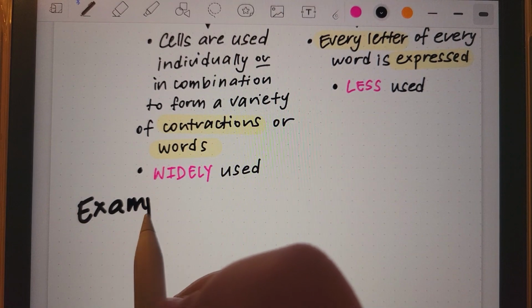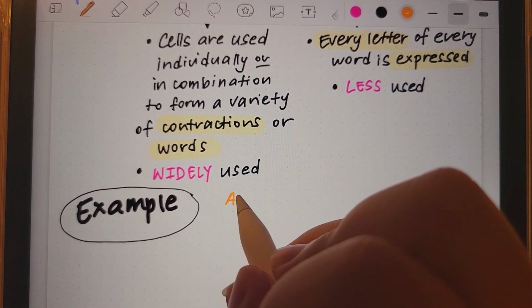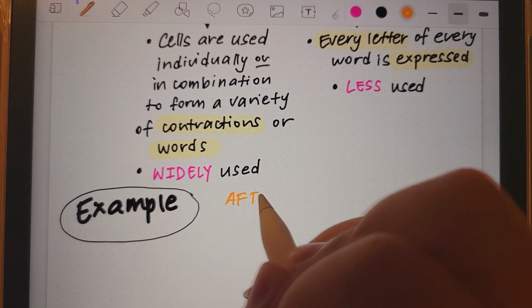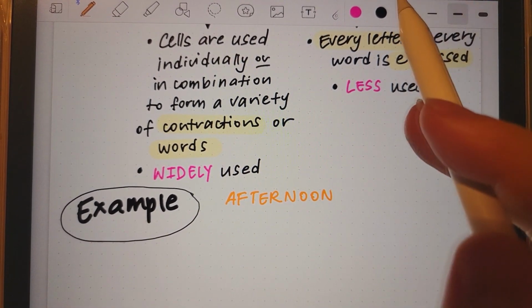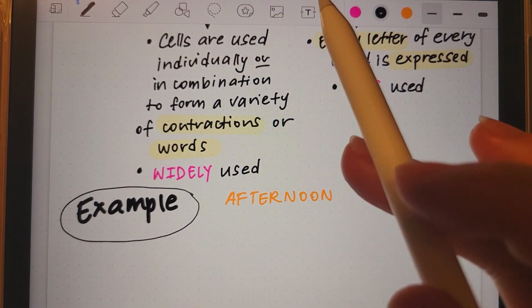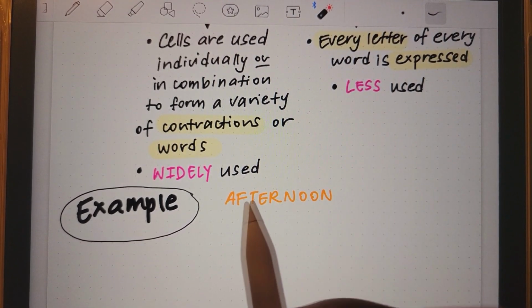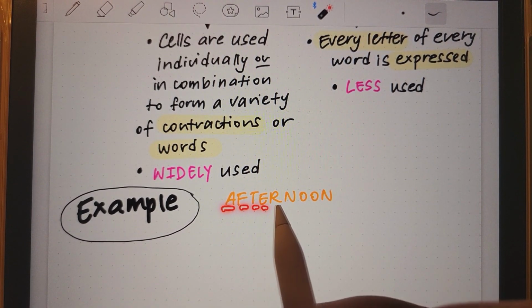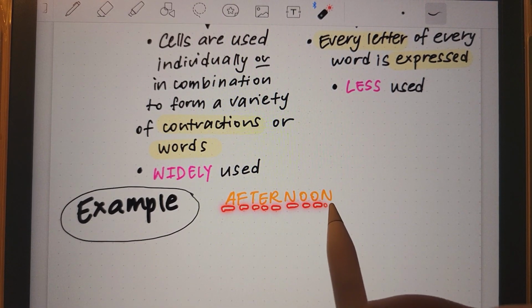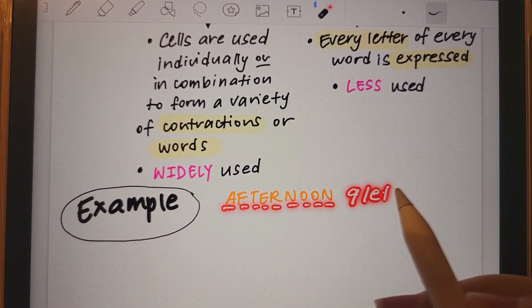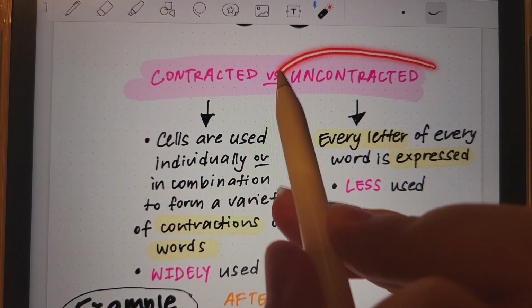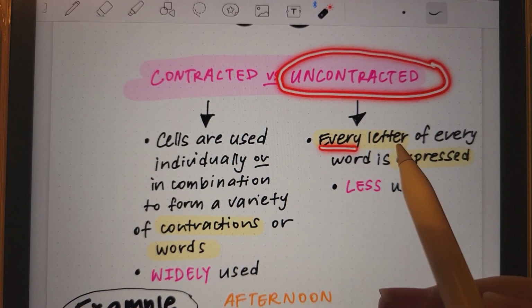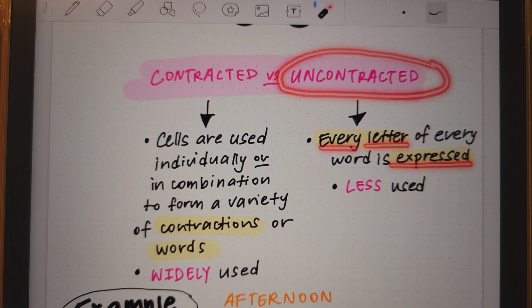Now, let's do a few examples to sort of explain further what this difference is. For the word afternoon, you can see there are 5, 6, 7, 8, 9. There are 9 letters in the word afternoon. Uncontracted Braille, every letter is expressed.